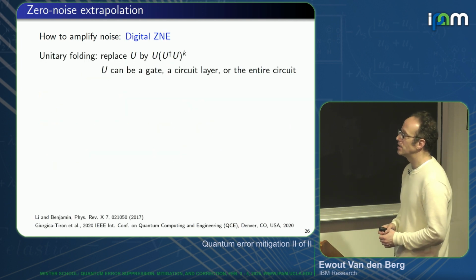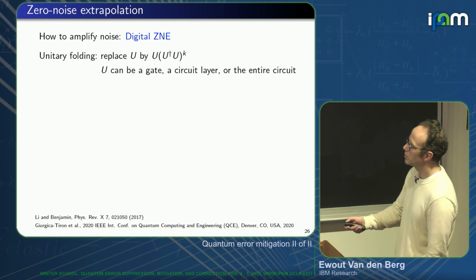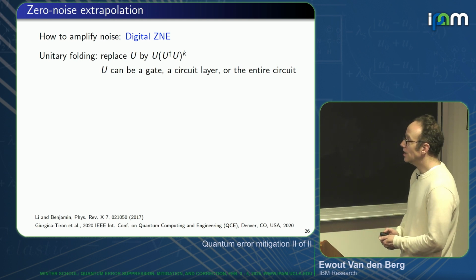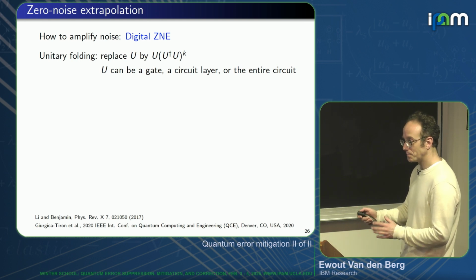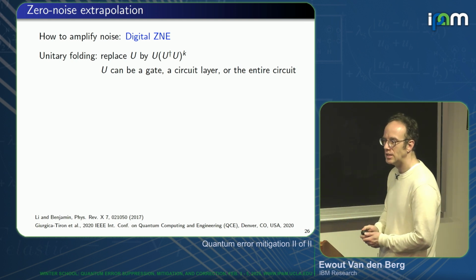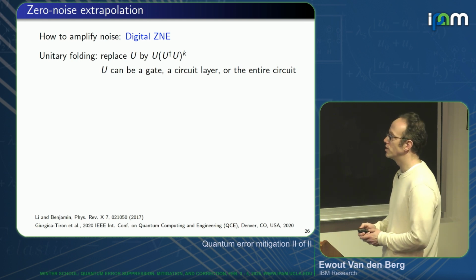Another technique is called digital ZNE. So it just says, well, I'm going to do, for example, unitary unfolding. There are several papers that do this. You replace U by U dagger U, which is just the identity, ideally, to the power k, and if you assume some conditions on the noise, that would amplify the noise appropriately.